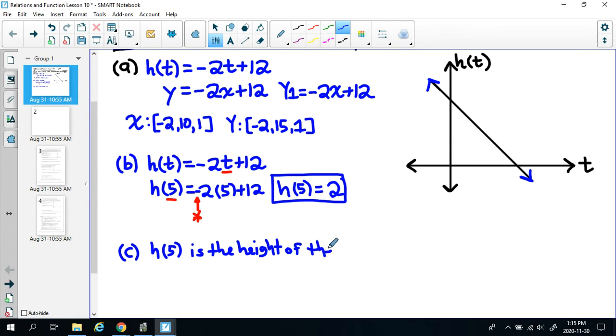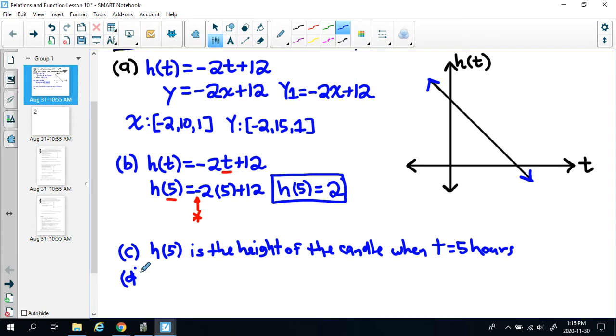The candle when your time is equal to 5 hours. Okay, this h right here, let's write the full unit out. Height of the candle in 5 hours. So it's melted for 5 hours.